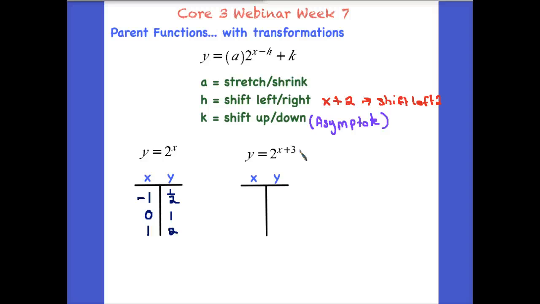So which direction though, Miriam? Which direction? Well, horizontal is left or right though, Miriam, not vertical is up or down. So you're right on the horizontal, but does that mean horizontal left 3 or horizontal right 3?